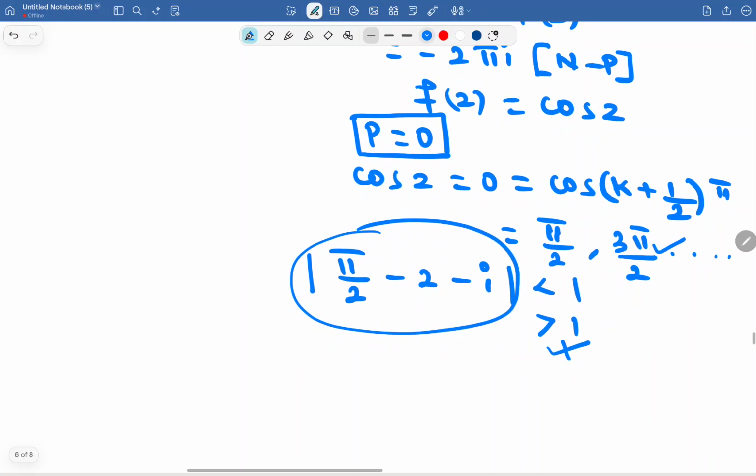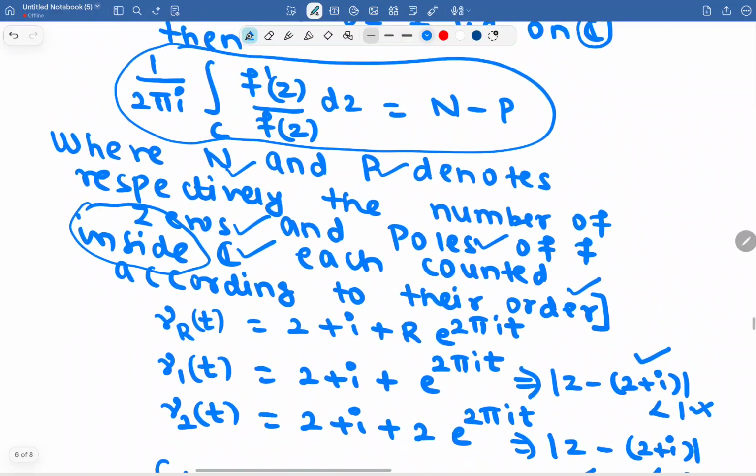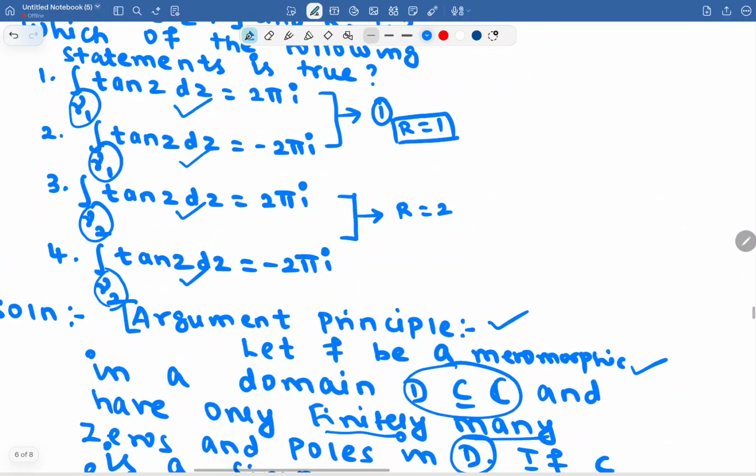There is no zero inside C. Here n equals 0. Therefore the integral over gamma with radius 1 of tan z dz equals 0. For this problem, the first two options are wrong.